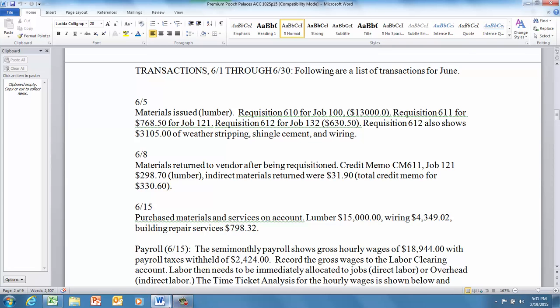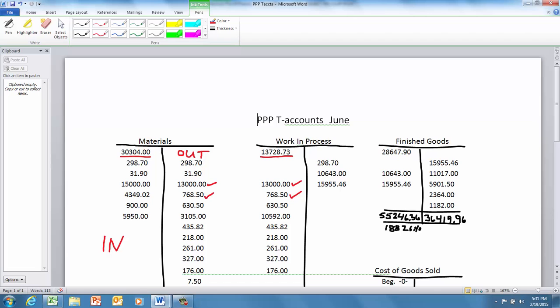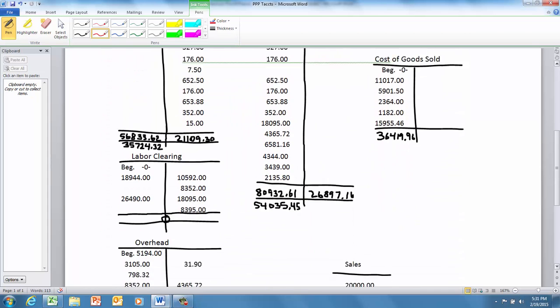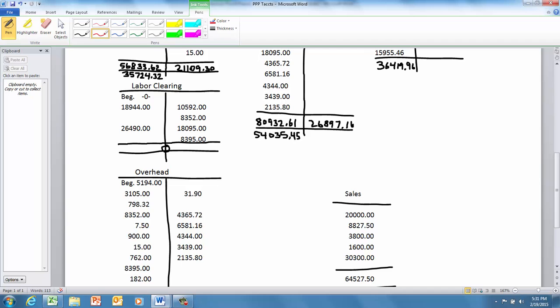So I go to my T accounts, and here I have the 3105 in indirect materials coming out of the material storeroom, but instead of showing them as going into work in process, because that's only for direct materials, my indirect materials are part of overhead, and here's where it's showing coming in. Now again, this is the inside of overhead.